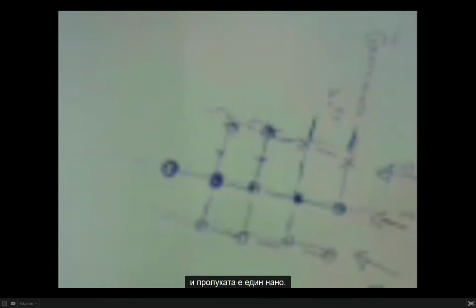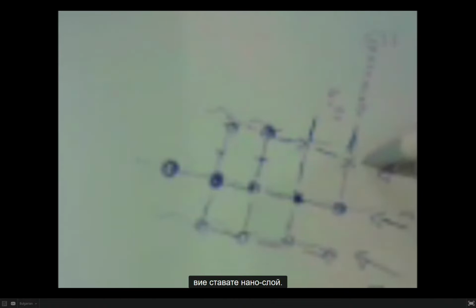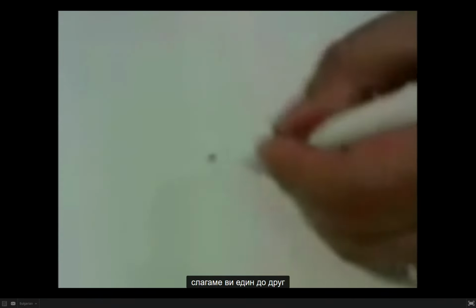And the gap is 1 nano. So now, in your friends, if you could be that small, you become a nano layer. But if you put the same thing at top of your heads, now we don't need to put the lines. We put you next to each other.